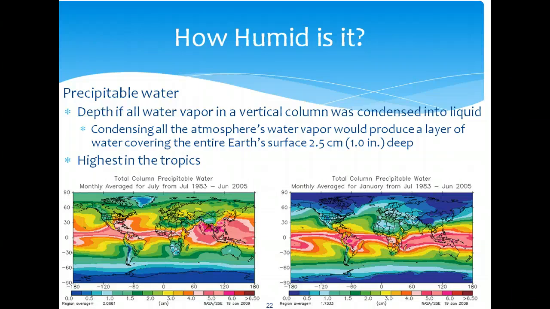Precipitable water is the depth of water that would be produced if all the water vapor in a vertical column of air were condensed into liquid water. We can see that the precipitable water is highest in the tropics and decreases as we go north and south.